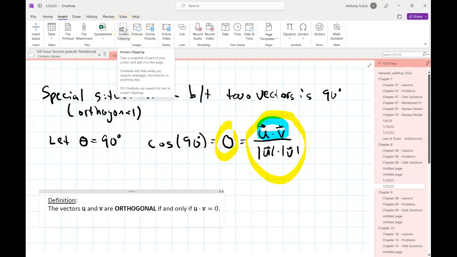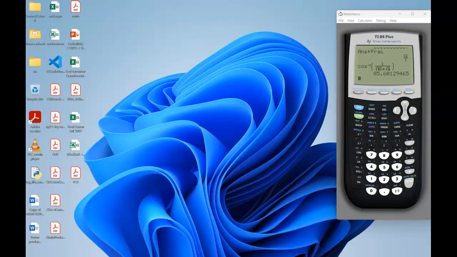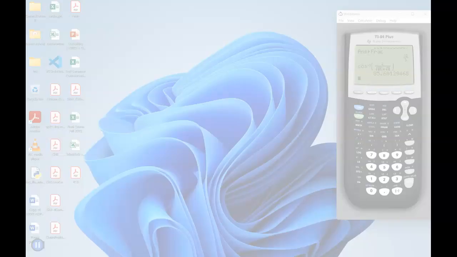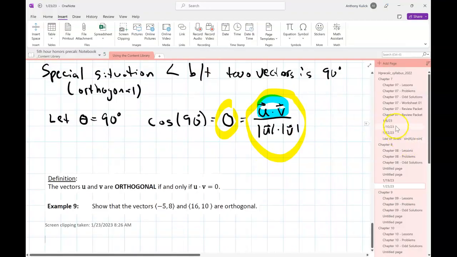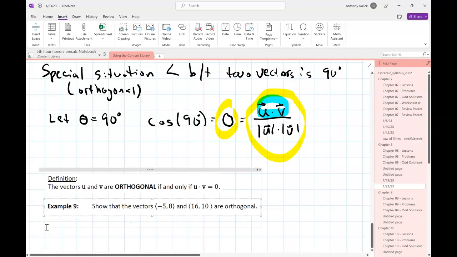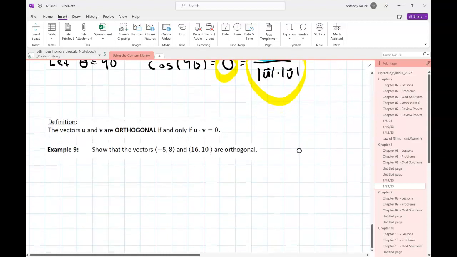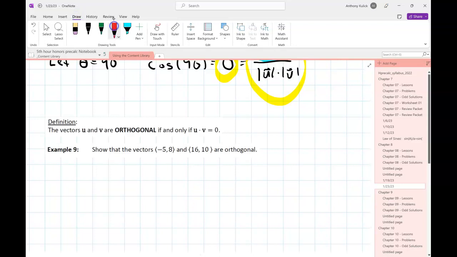Let's do a numeric example just to play with that idea. If I want to show that these two vectors are orthogonal, what am I going to do? I'm going to do the dot product, and what answer should I be getting?